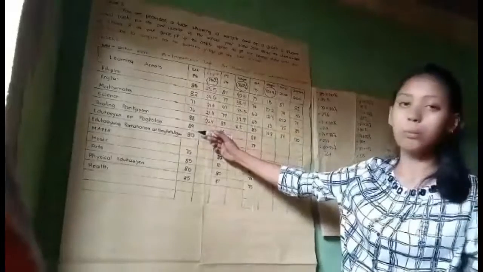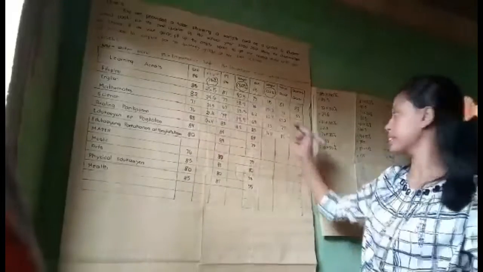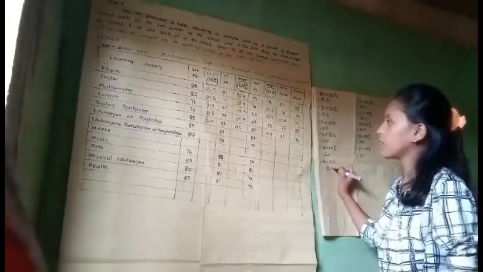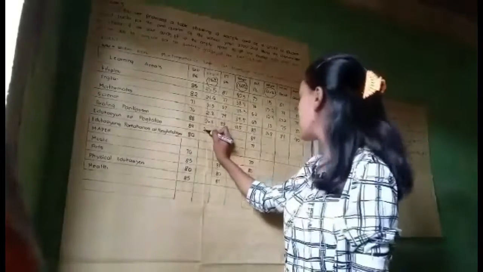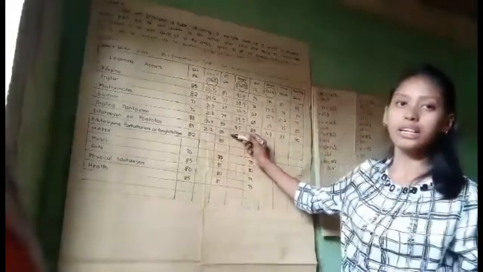Next is Edukasyong Pagkatao. 84 times 30% is equal to 25.2. 84 times 50% is 42.